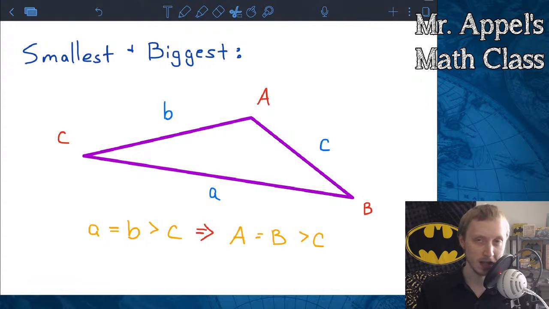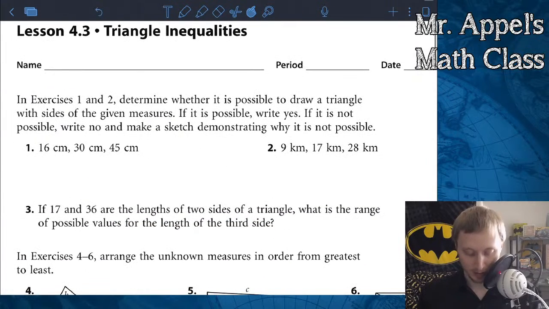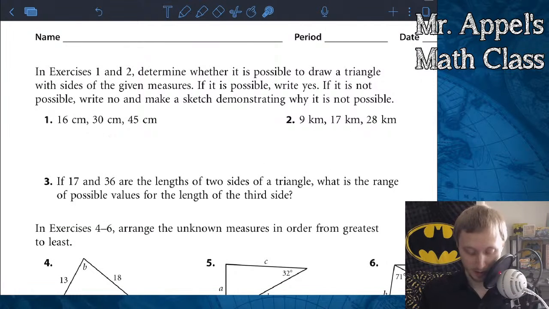Okay, so any questions then on that concept? No? All right, so your practice for today. Up here we've got, right, testing, is it possible to draw a triangle with the given measurements? So this is where you have to check, okay, not possible, right, no, make a sketch.